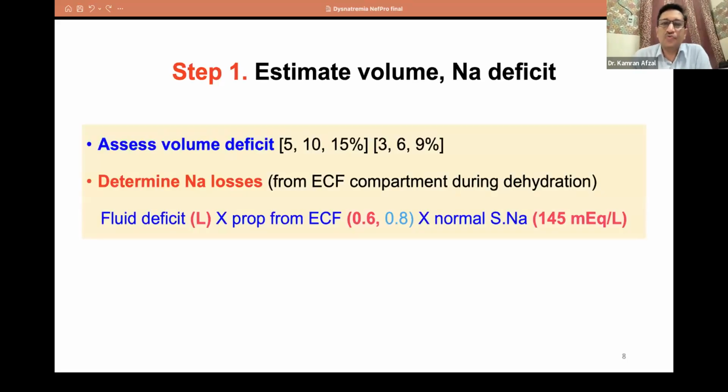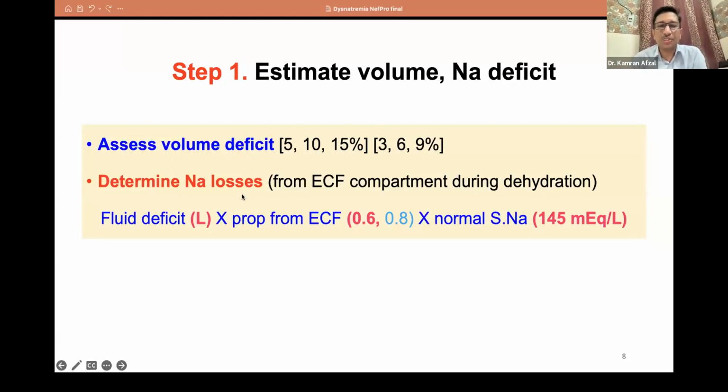In the first method, there are 3 steps that you can follow. The first is that you estimate the volume and sodium deficit. So as already discussed in the previous talk, you can assess the volume deficit clinically, but if you have the pre-illness weight, you can simply look at the difference in weight to assess the volume deficit.